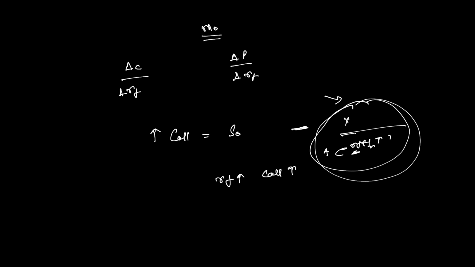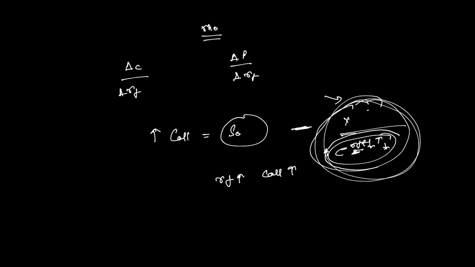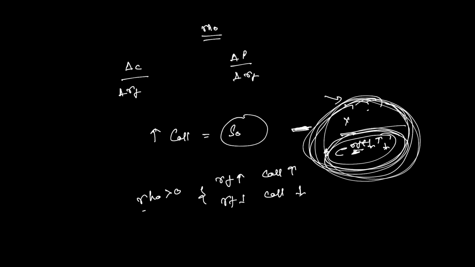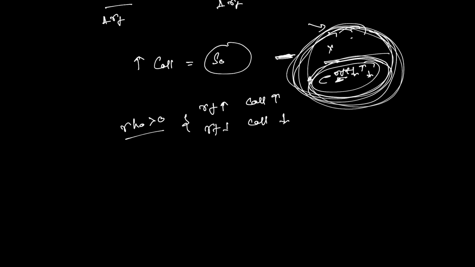If RF decreases, this value will increase, and this is coming after the negative, so the call value will decrease. So RF falls, call value falls. So I can say rho is positive, greater than 0, for call option.